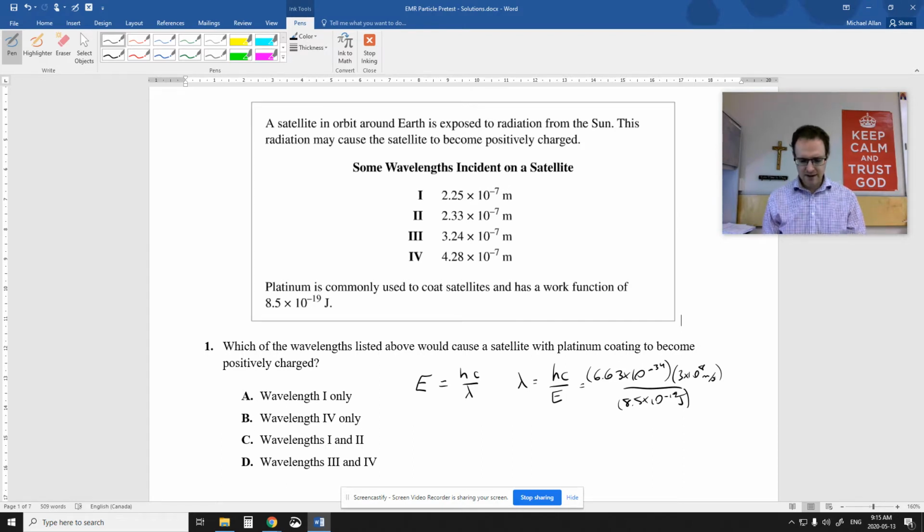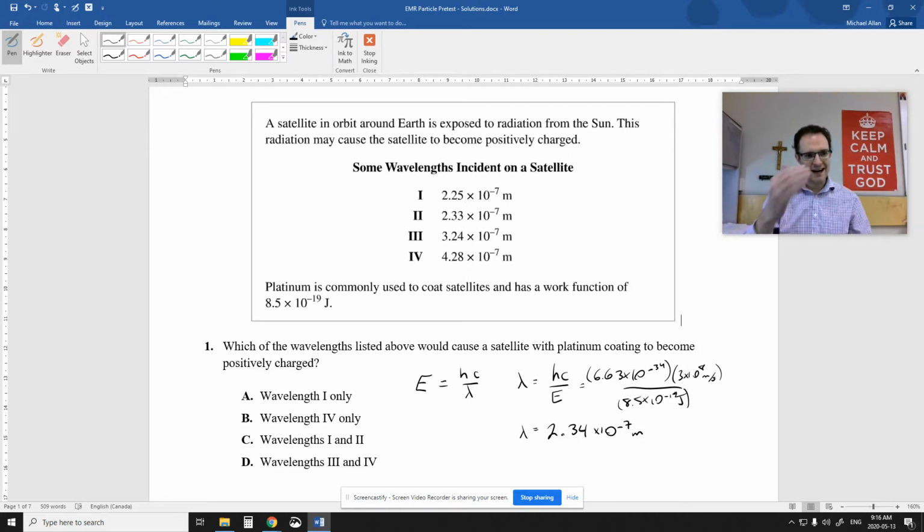That's negative 19, right? Yeah. Okay, so I get a number that is 234 times 10 to the negative 7 meters. So that is your maximum wavelength. It's not the minimum frequency, but it's the maximum wavelength.